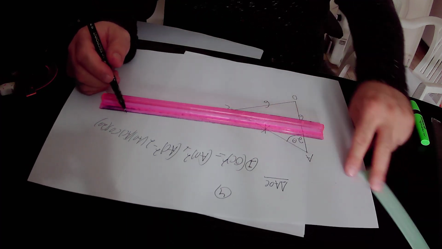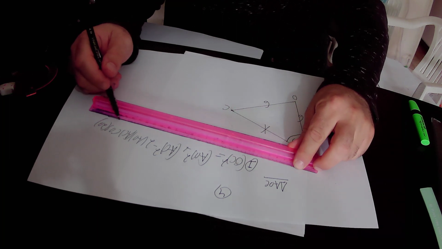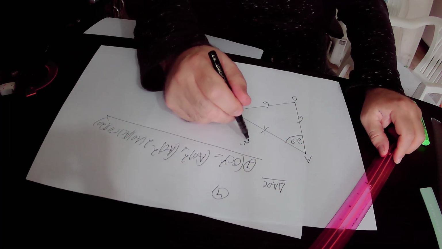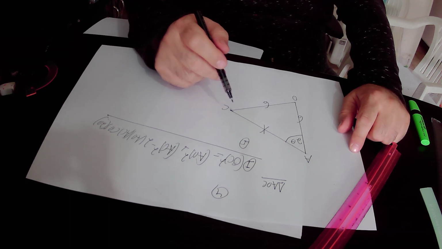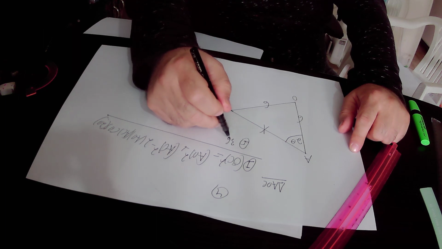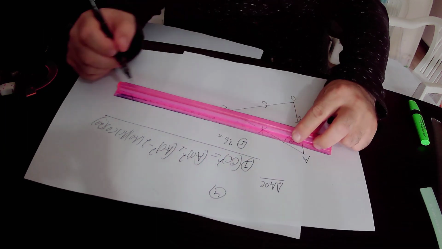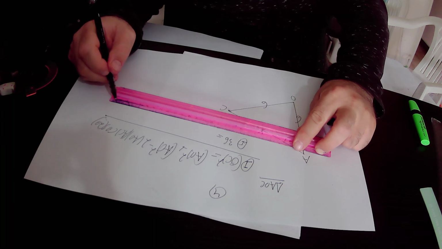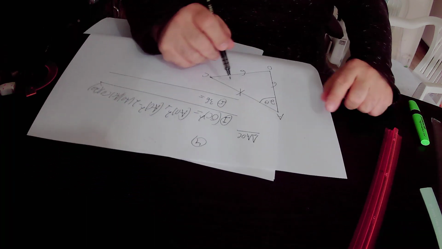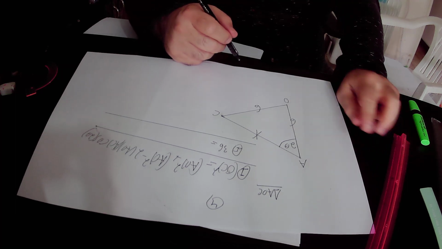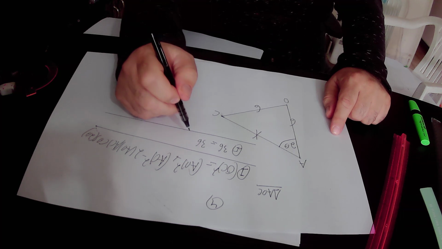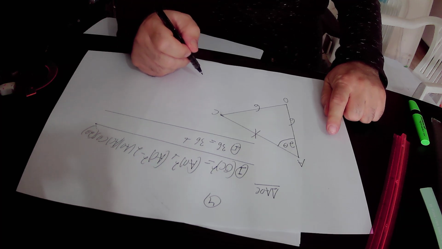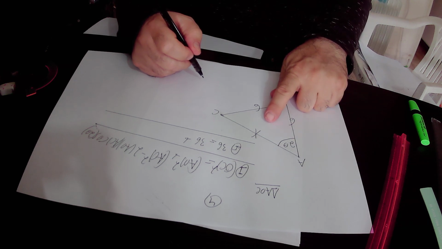So here OC equals 6, so OC squared is 6 squared, that is 36. And it is equal to AO squared. AO equals 6, so AO squared is 6 squared, that is also 36. Plus AC squared. AC equals x, so AC squared is x squared.